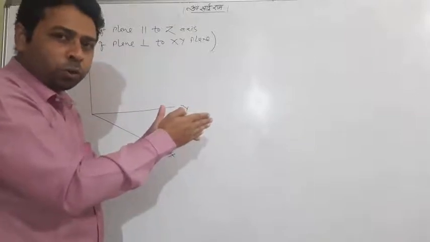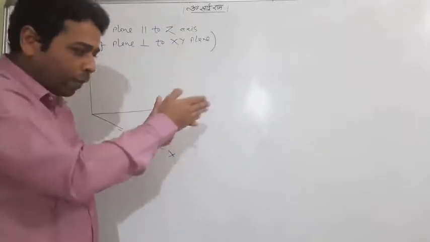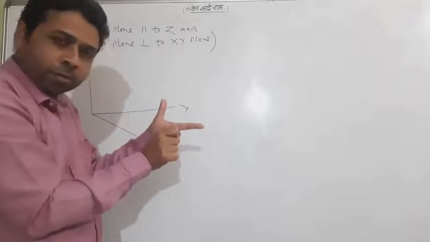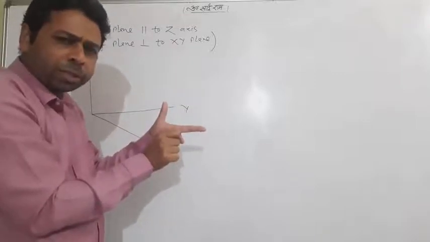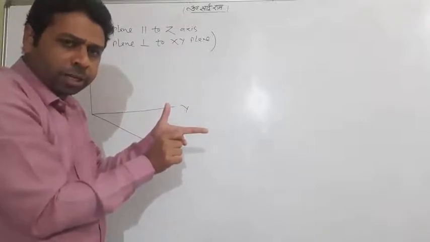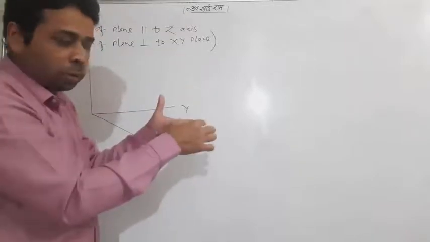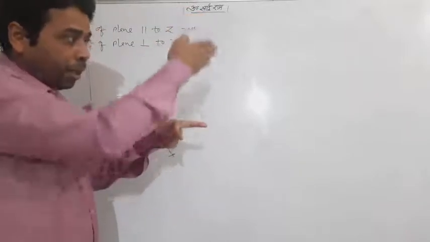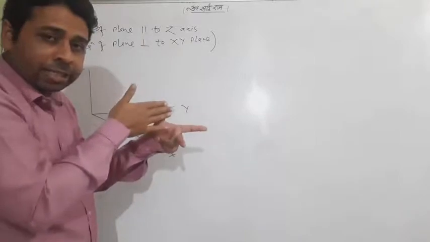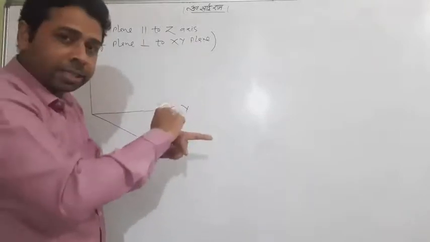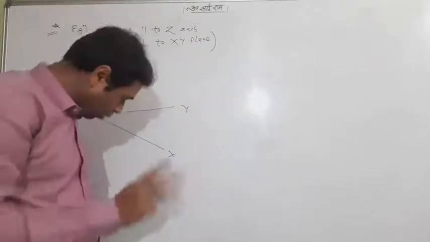This is going to be tough, but try to understand. Since the plane is parallel to the z-axis, the intercept on the z-axis is called infinite. Keep these two things in mind.